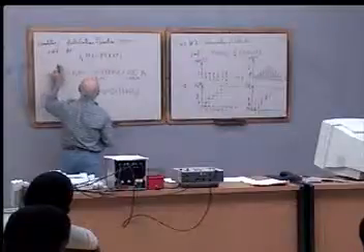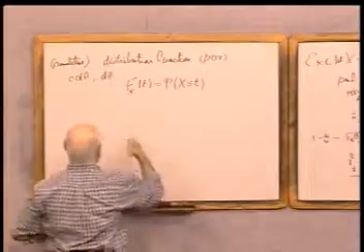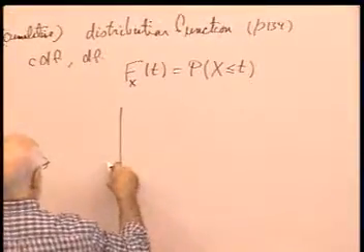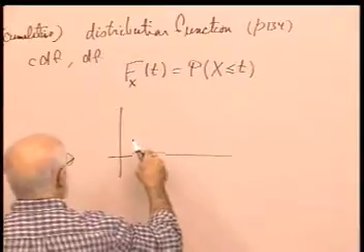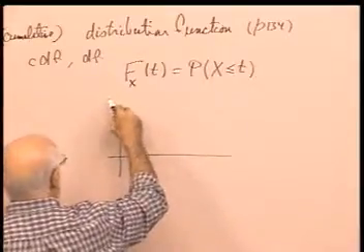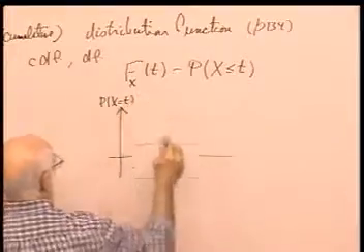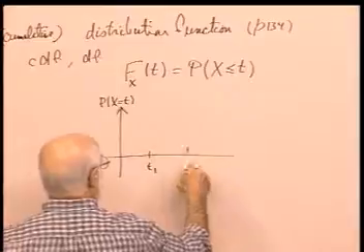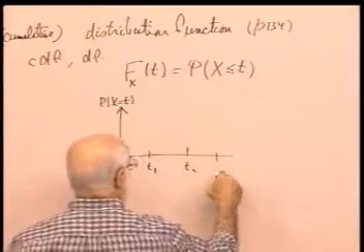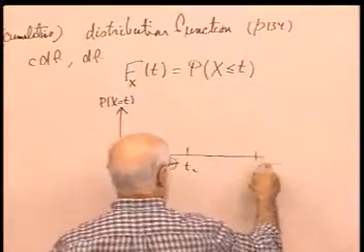Here's a more general way of looking at it. Suppose that here is my probability mass function. So here is the probability that x equals t. And let's say that I have jumps at T1, T2, T3. They don't even have to be spaced evenly.